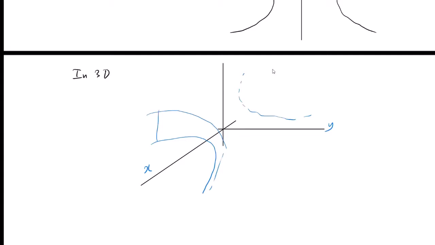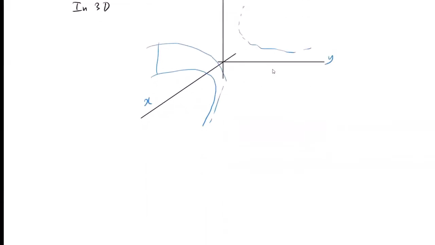So you have a surface of two sheets like this. Got it? Your question, Mahmoud, is the general equation of the hyperbola.